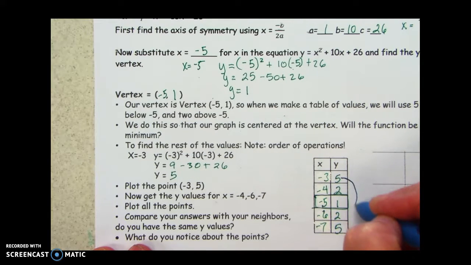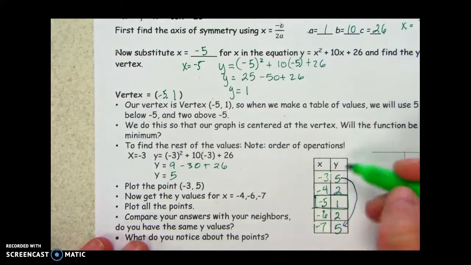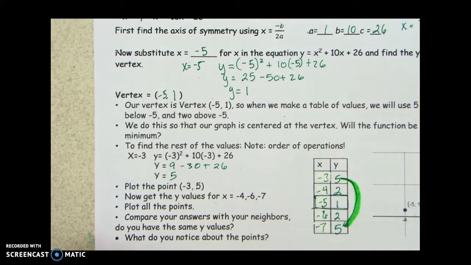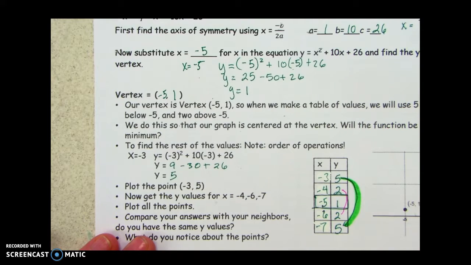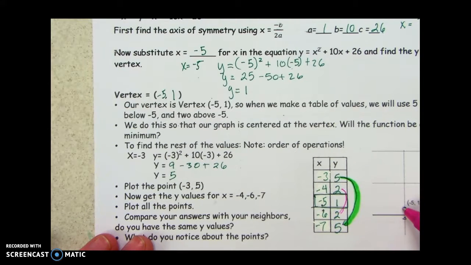Okay, the key here is notice this number matches that number. Those two are the same. Now notice these two are the same. That's what we're talking about with our symmetry. Those values will end up being the same because here's our center, and we're going the same amount up here that we go here.